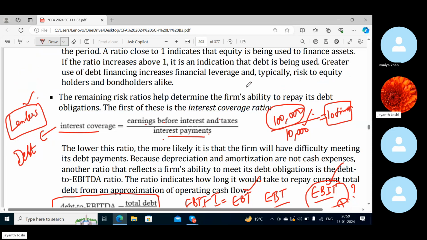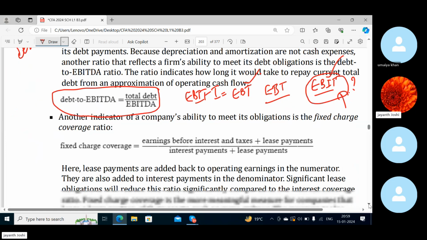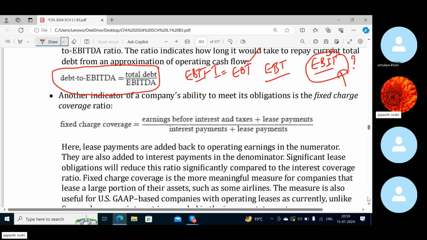The lower the ratio, the less the capacity. Let's say if the ratio is 6, the company has only 6 times the capacity to pay the fixed interest payments. That's not good, right? They should have greater capacity, and that will give more confidence to the bondholders regarding their future fixed interest payments.